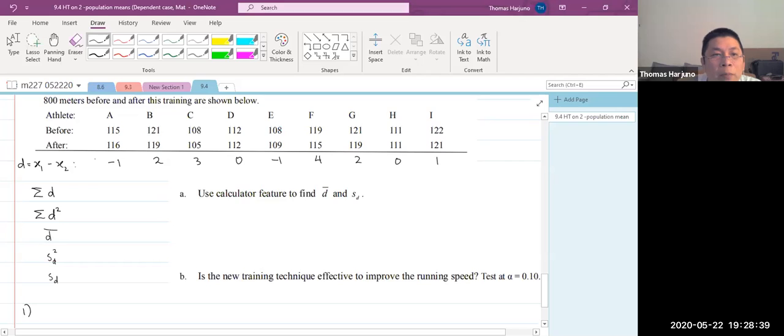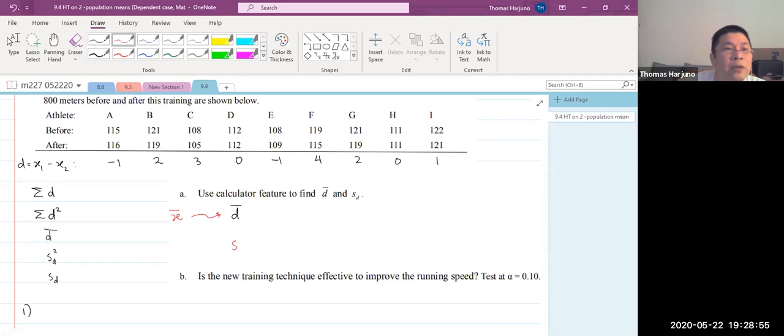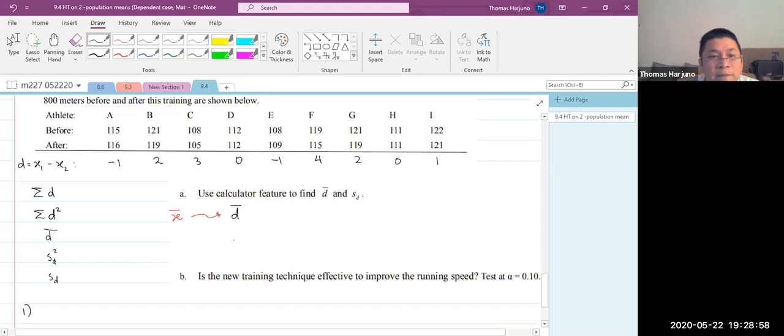Then you use your calculator, plug these numbers in, and see what's the d bar, which you will see as x bar, and then the sample standard deviation of the differences, which you will see as s sub x. If I say use calculator feature, it means just get it right away. You don't need to show the work. You still need to show this though.